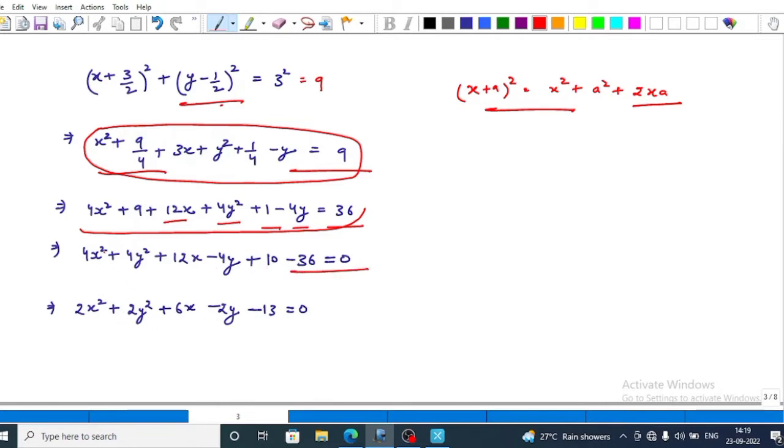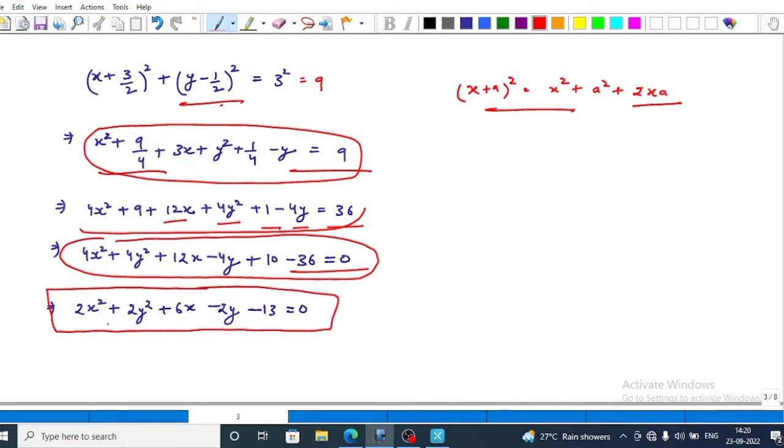This implies that, because 2 is common in this equation, cancel out with 2, that is 2x squared plus 2y squared plus 6x minus 2y minus 13.